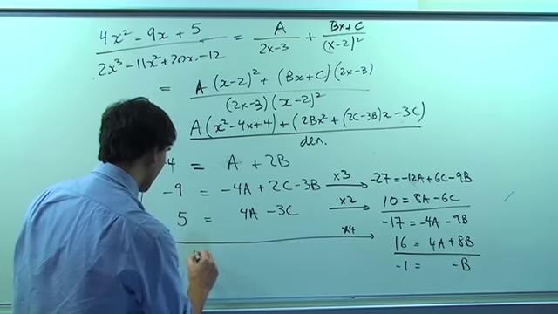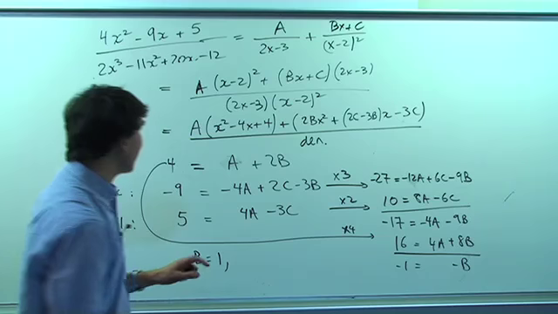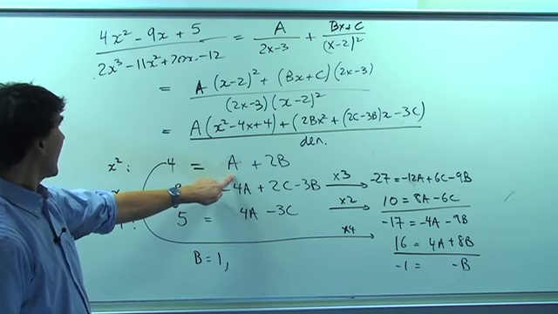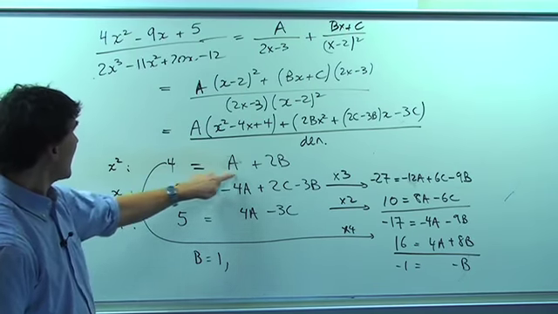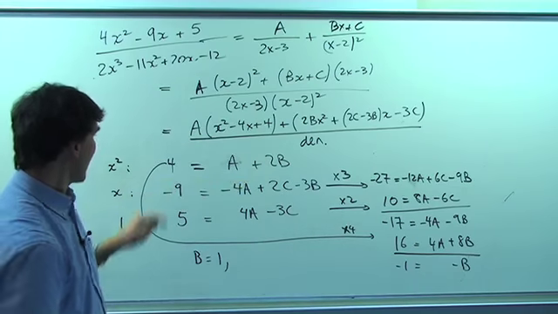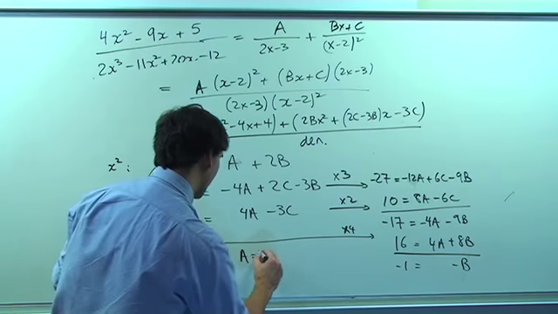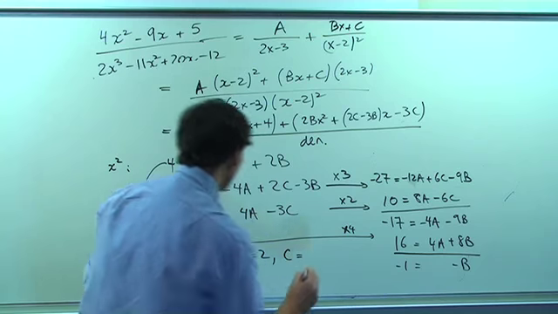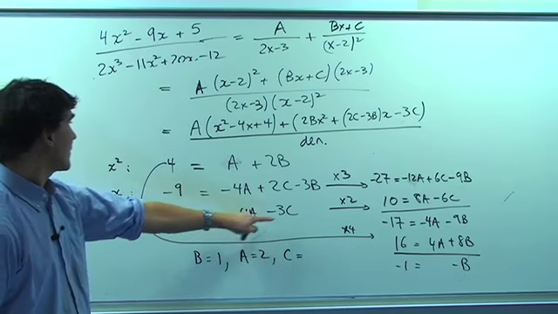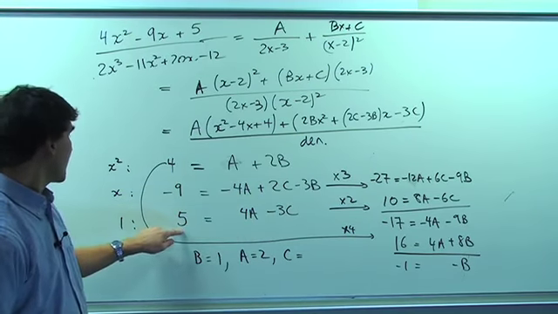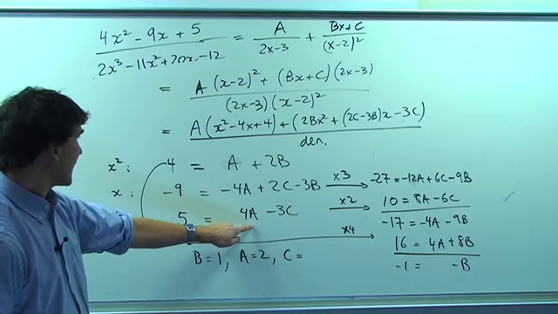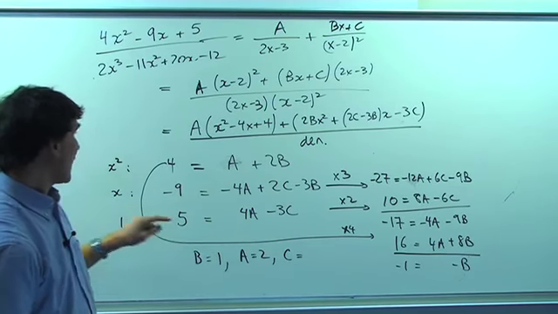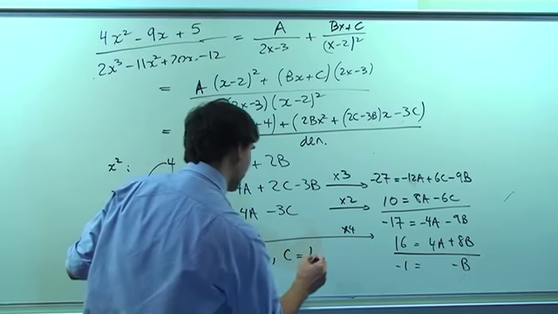So that gives you b is equal to 1. Having got b, we can work out a. So 4 is a plus 2, so a is equal to 2. And c we can get from here, for example. So a is 2, so 5 is 8 minus 3c. C will be 1 as well.